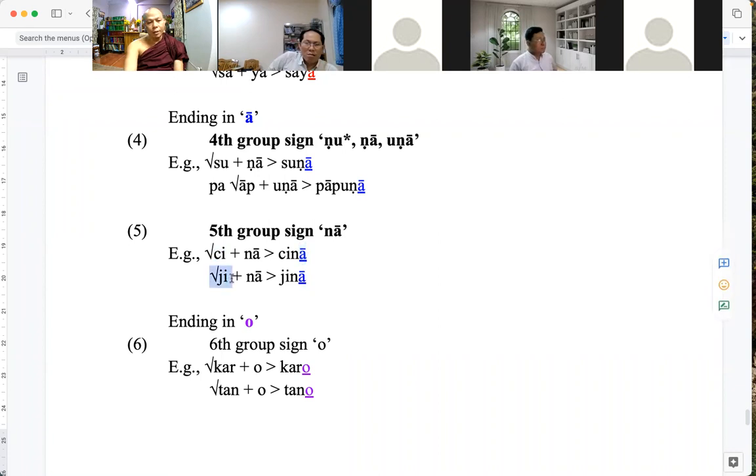And the root ji means to conquer, to win. To that root ji, by adding na, we have the jina base. So these suna, papuna, cina, or jina, even though they have different signs, their ending is the same, ending in u.